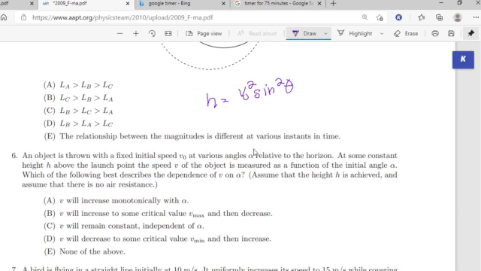Actually, it doesn't matter because it's just seeing how theta and the velocity are related. Okay, actually, let's see. And actually, they said this was alpha. But so h is equal to v naught squared sine squared alpha over g.